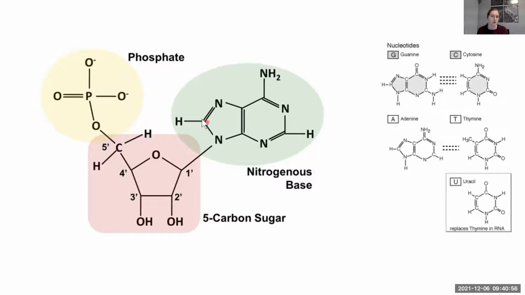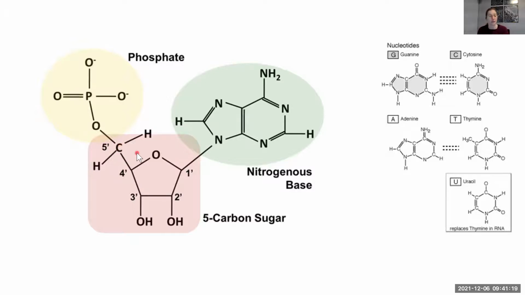So you could assume there's a carbon here as well and a carbon here as well. So this is our first carbon, even though it's not being shown. This is our second carbon, our third carbon, our fourth carbon, and then outside of our pentose shape, your 5th carbon is right here, and that one is being shown. So that's our 5th carbon. So the phosphate attaches to the 5th carbon.